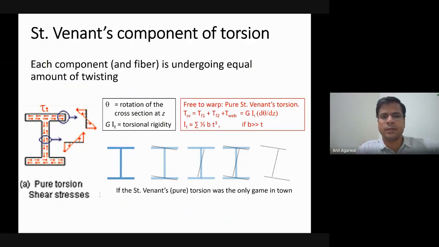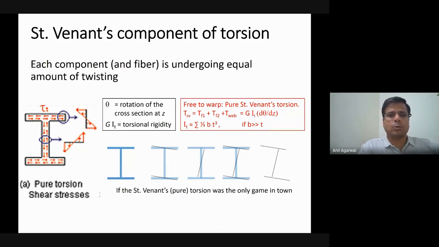However, in members made of thin plates, which are open sections, this kind of problem exists. How? First we will see how much rigidity you get from Saint-Venant's torsion. Then we will see what the issues with Saint-Venant's torsion are and why the other type of torsion exists.